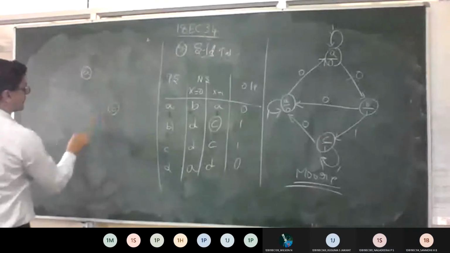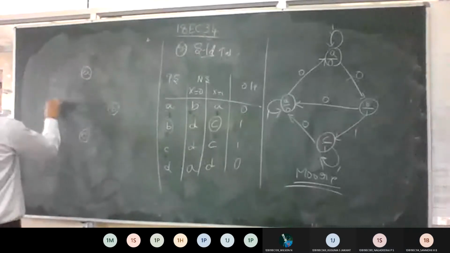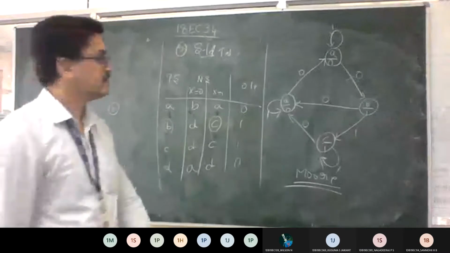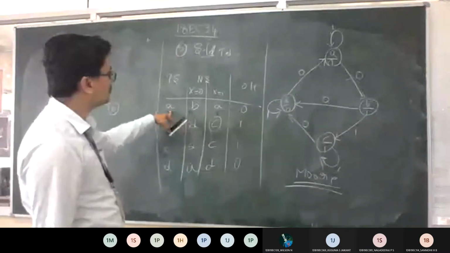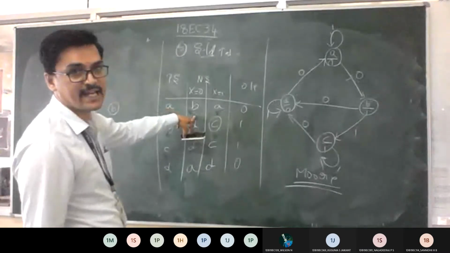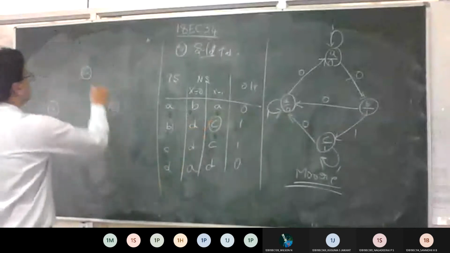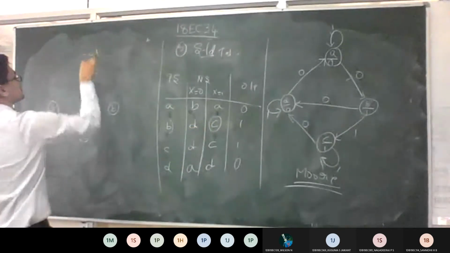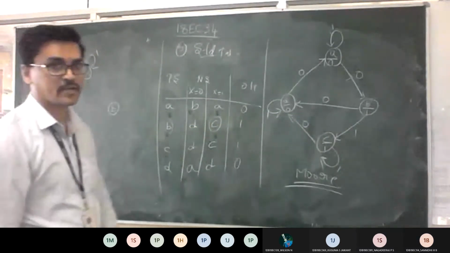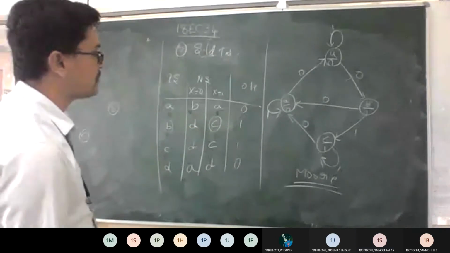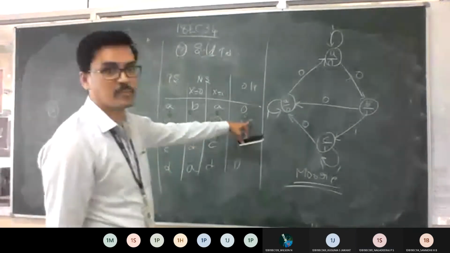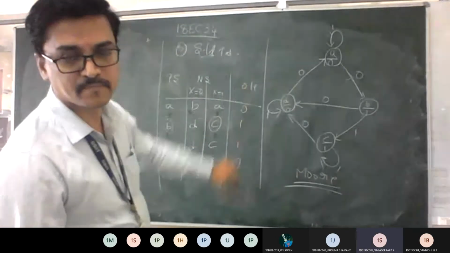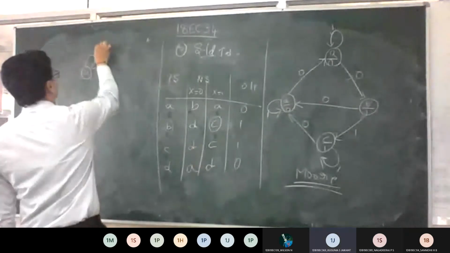Randomly you can mark connections, not an issue. Now A to A itself at X equals 1. It means it loops like this, 1. So for that corresponding one, what is the output? 0. So I should write like this.